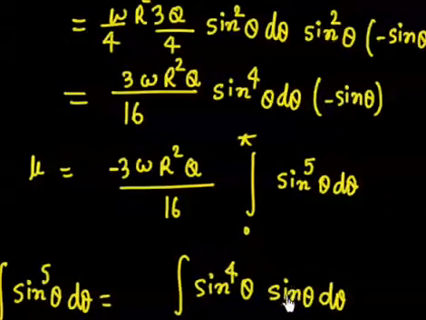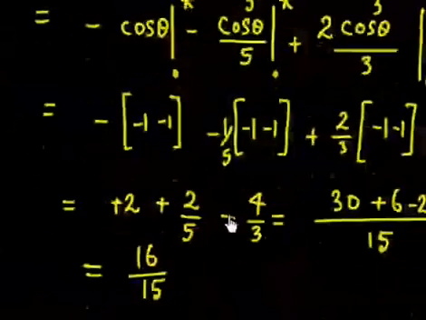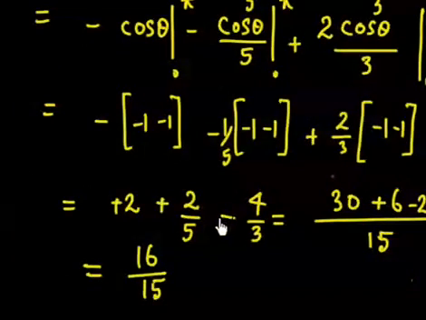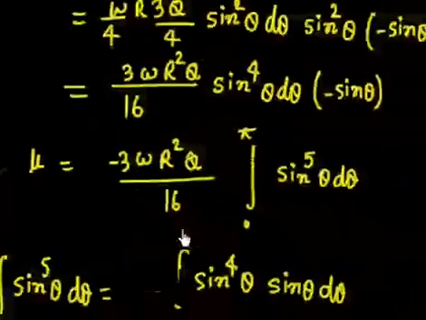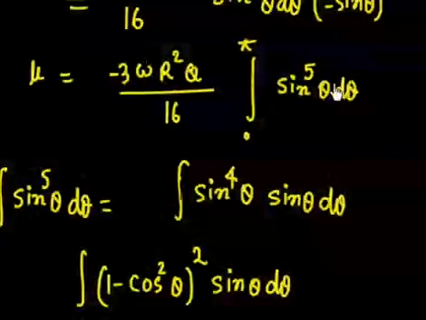So what does this value come out to be? So 0 to pi, if I integrate, this comes out to be plus 16 by 5. So I have to plug this value, plus 16 by 5, here. Let me write here itself.